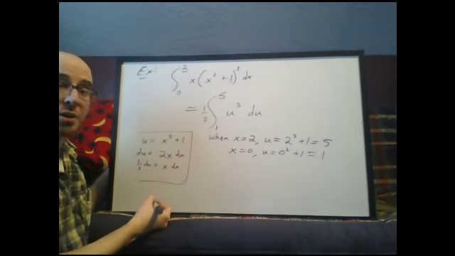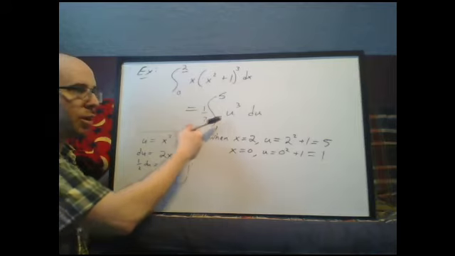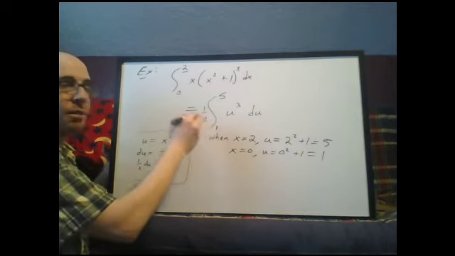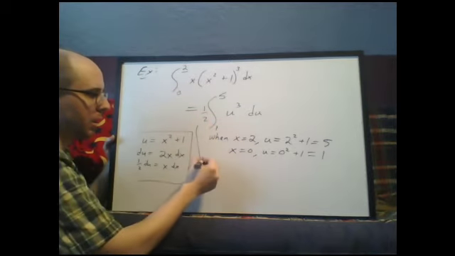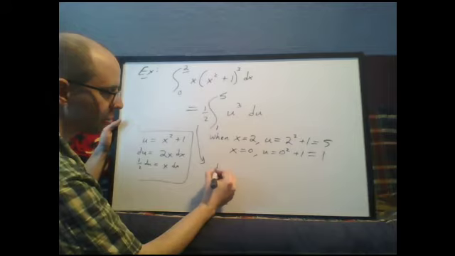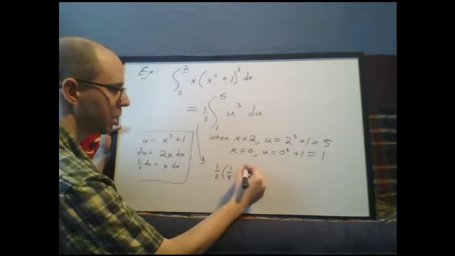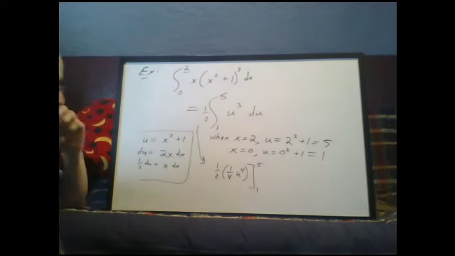Right? So if I do it this way, once I completely turned everything over into u, including the two numbers, they're now u values, I can forget that x ever existed. So now I would say, okay, let's integrate this. That's 1/2 times 1/4 u to the 4th. And now I'm just going to plug in 5 and 1 for u.